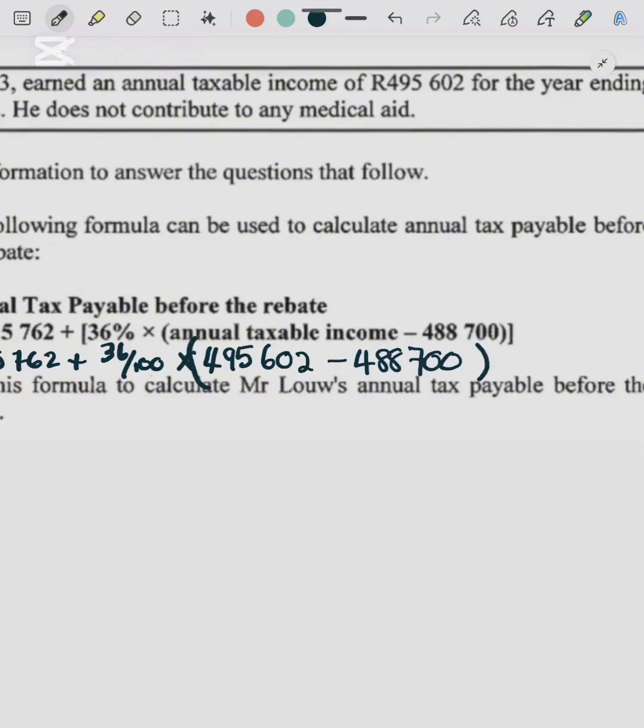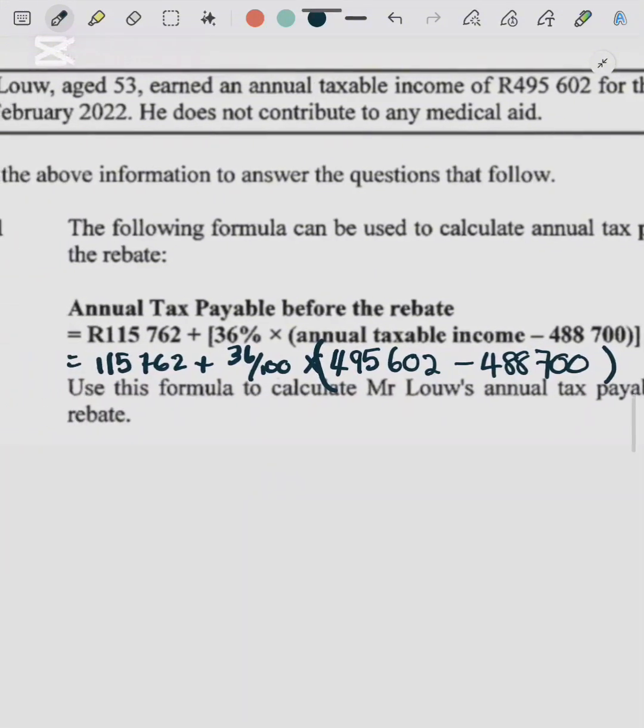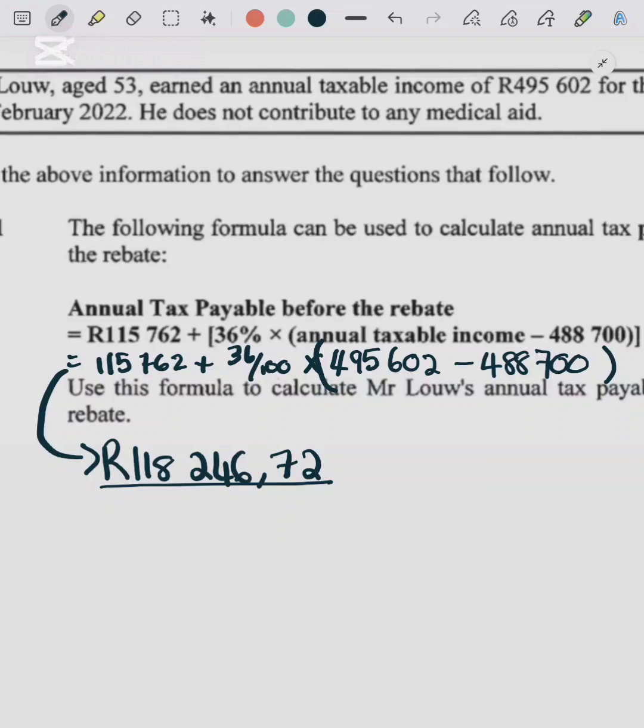And it's in brackets. The brackets are important in this case. And then all you actually have to do there is pop it into a calculator to get to a final answer. And if you do, I'll just write it down here, you're going to get to 118,246.72. And that will be your answer for your annual tax payable before the rebate.